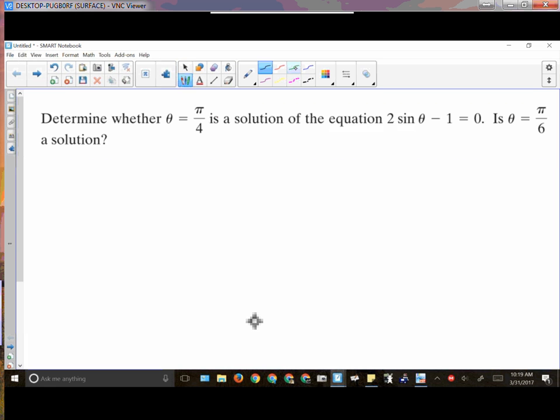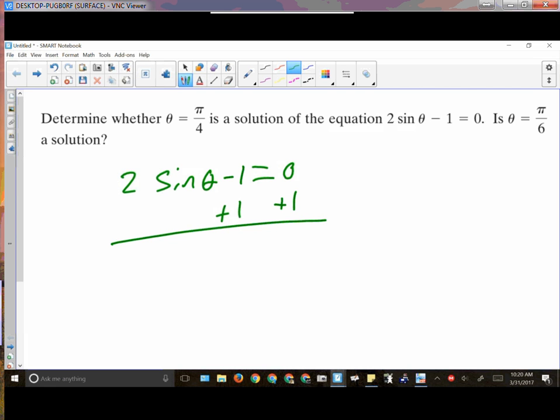If I take 2 sine theta minus 1 equal to 0, correct? Could I add 1 to both sides? And then you get 2 sine theta is equal to 1, and then divide both sides by 2. So the sine of theta should be equal to 1/2, correct?